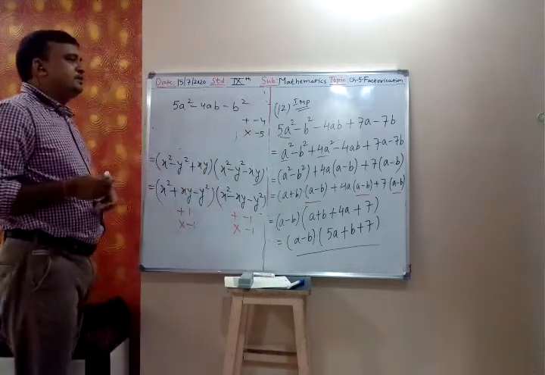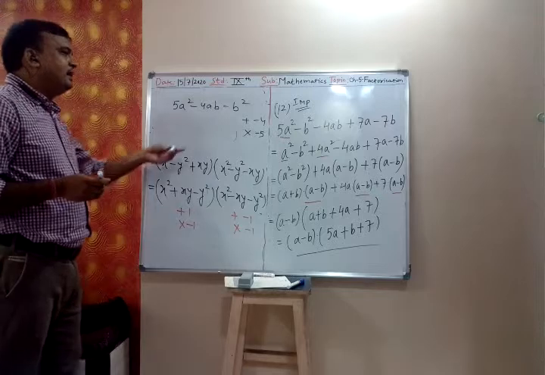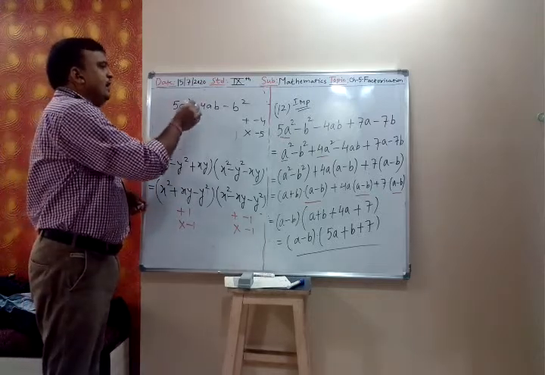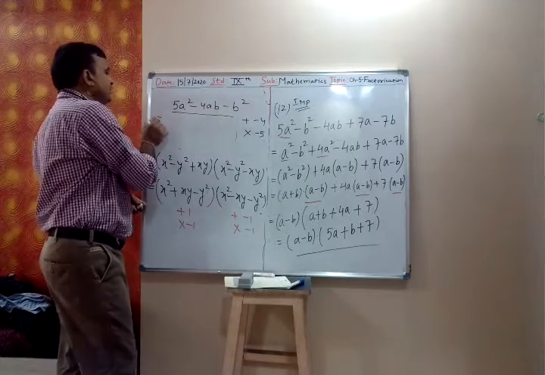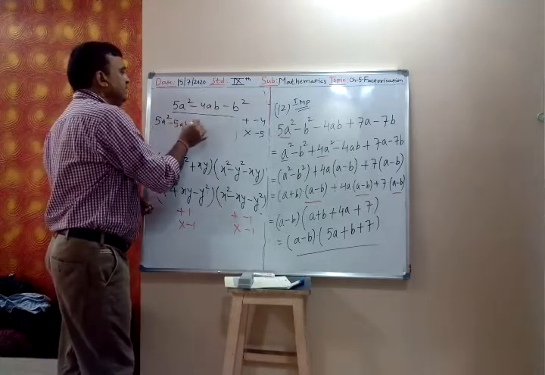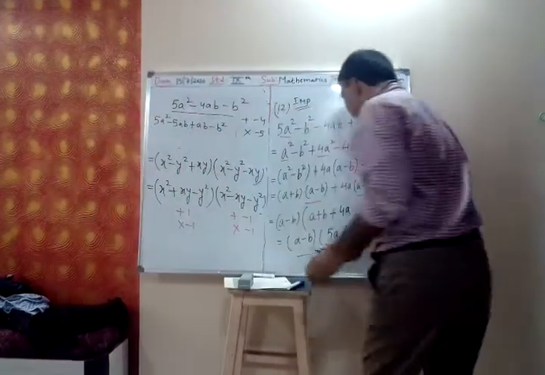So what are the two numbers? Sum is minus 4, multiplication is minus 5. Minus 5 and 1, no? So you will write 5a square minus 5ab plus ab. Same thing, same sum. This is the answer.